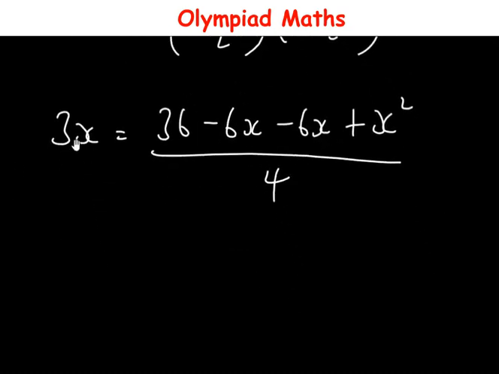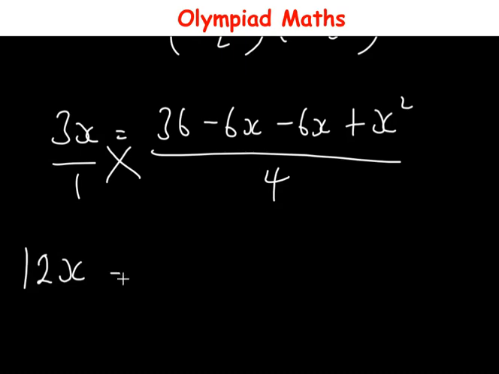So from here, let us then rewrite 3x as over 1, such that we can then cross multiply. 4 times 3x is 12x, so is equal to 1 times this, which is simply 36 minus 6x minus 6x is simply minus 12x. Okay, then we have plus x squared.